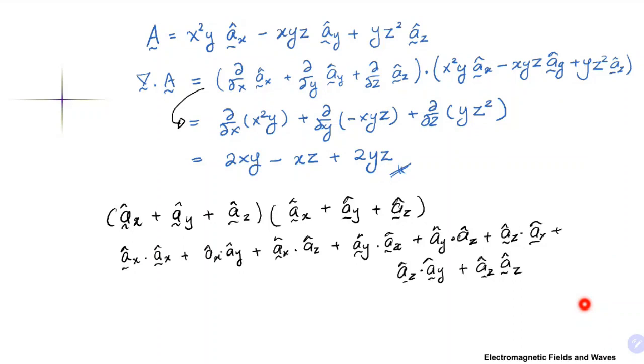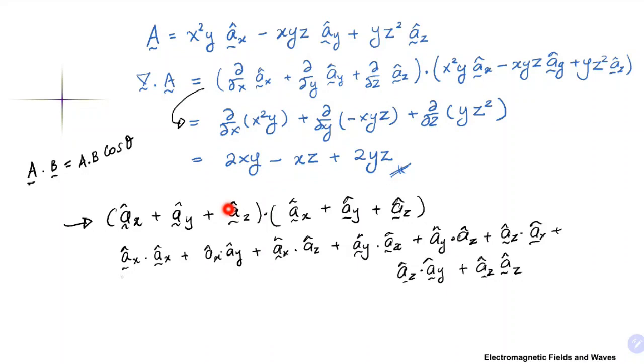Okay, so if you multiply out this multiplication here, this is my dot products. So there's all the elements you end up with. We know that dot product A dot B is equal to magnitude of A times magnitude of B cosine theta.